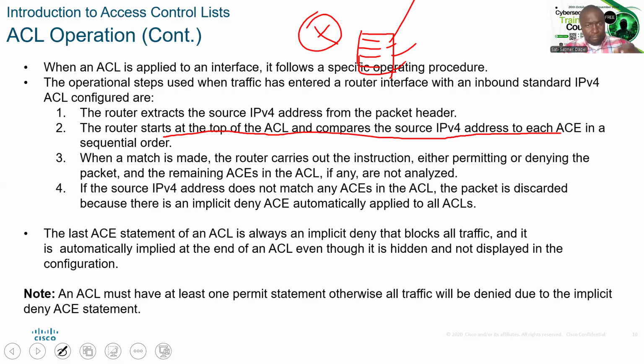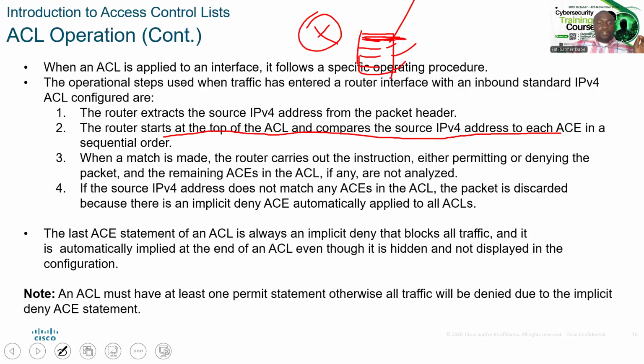Now, when a match is made, the router carries out the instruction, either permitting or denying the packet. And the remaining access list statements in the access control list, if any, are not analyzed. So if it matches the first one, all the others don't matter. It just applies the statement.